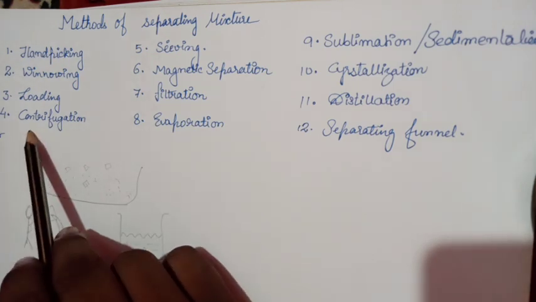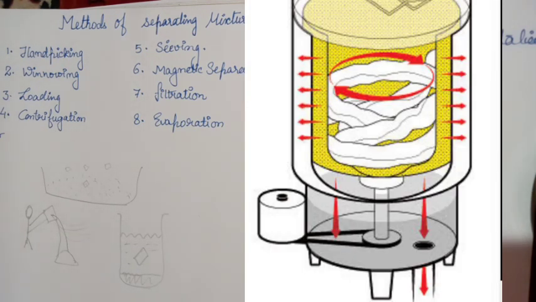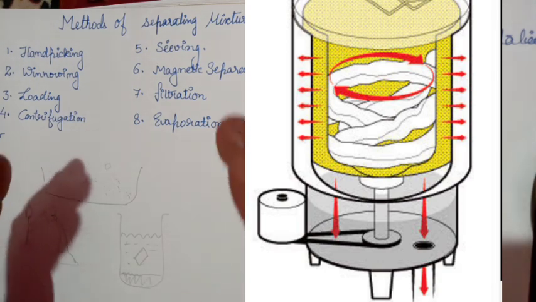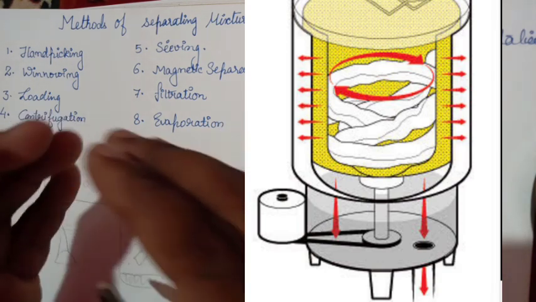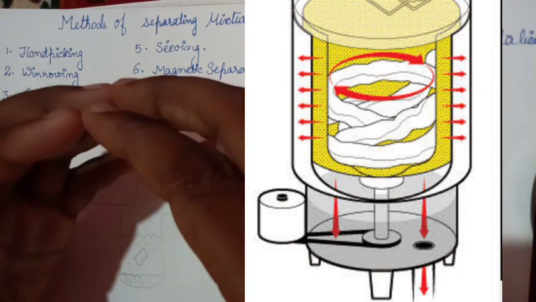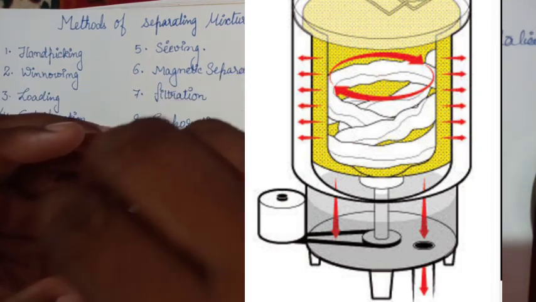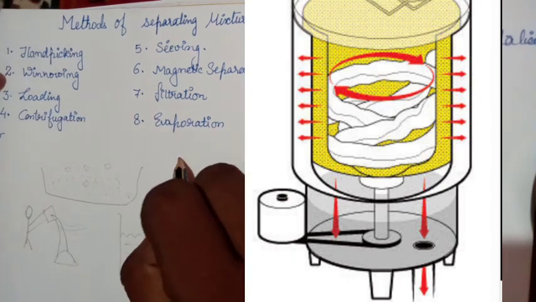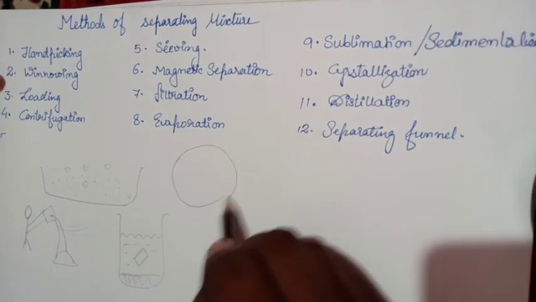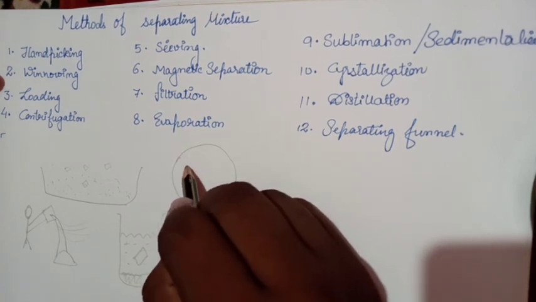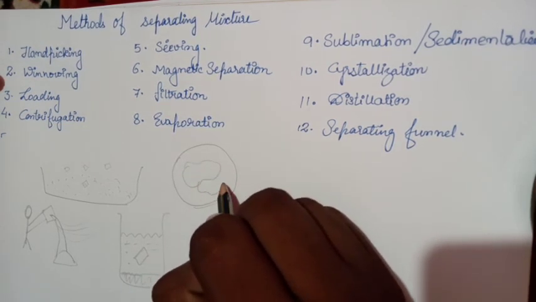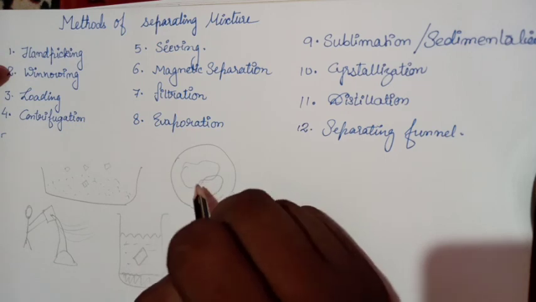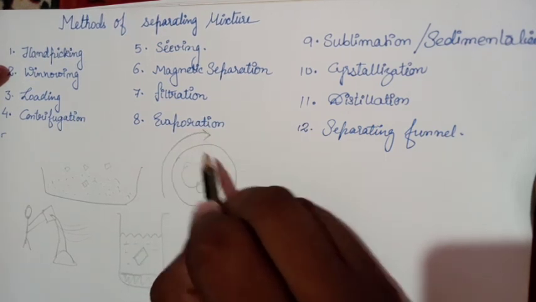Then centrifugation. What is centrifugation? Most of you have a washing machine at home. What happens in the washing machine is that the cabin, when we put the clothes inside, starts rotating. For example, if this is the cabin, we put the clothes over here, and it starts rotating.